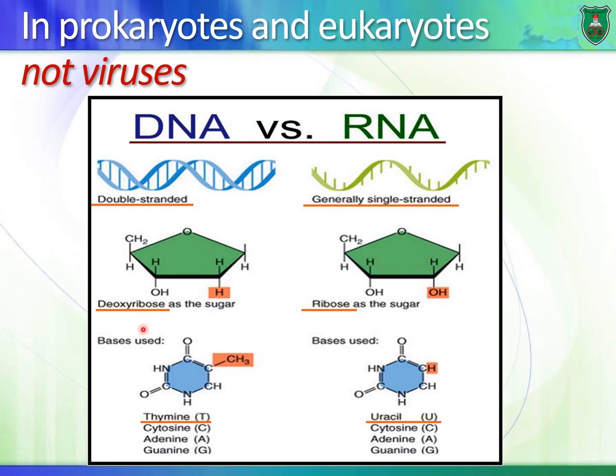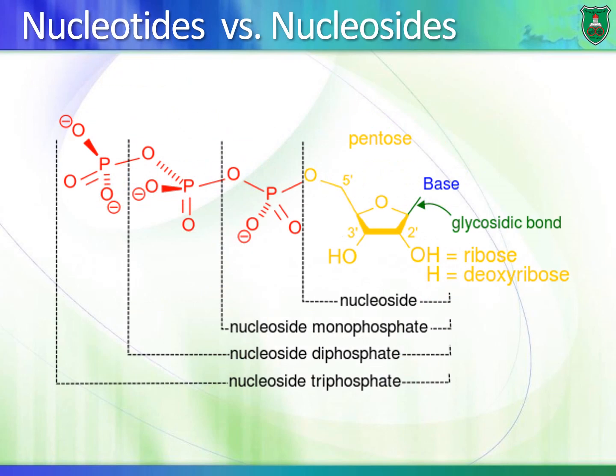DNA is a deoxyribonucleic acid, deoxy because it has a deoxy sugar at carbon number 2', it lacks a hydroxyl group, versus RNA, ribonucleic acid, it has a ribose group. Another difference is that thymine exists in DNA versus uracil, which exists in RNA. So these are the sugars and the bases.